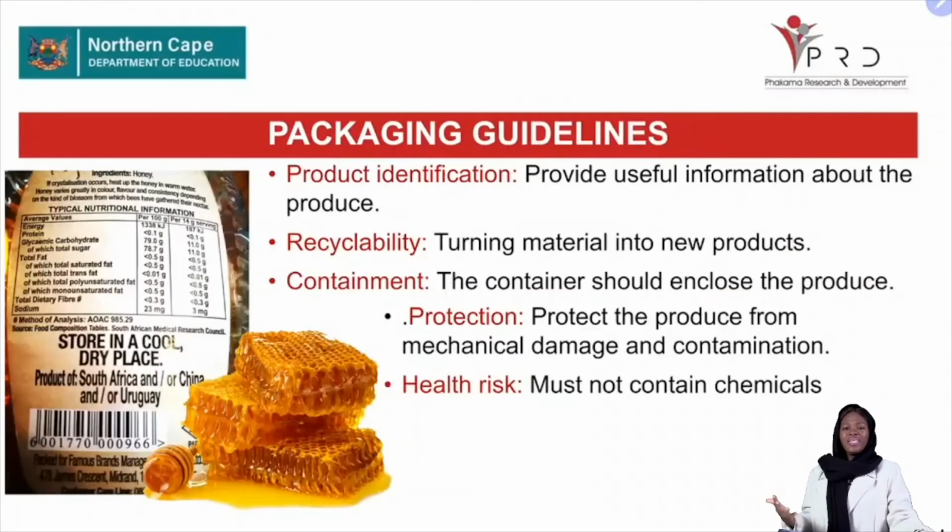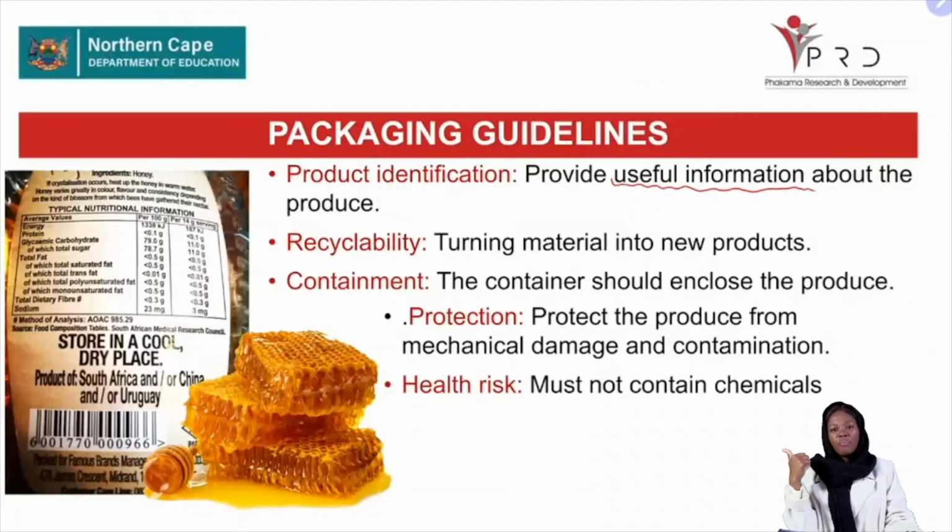Now, there are guidelines of packaging agricultural product or produce. Number one, the material used has to have useful information. The package or material used when packaging the product or the produce has to have useful information, such as the company's name.